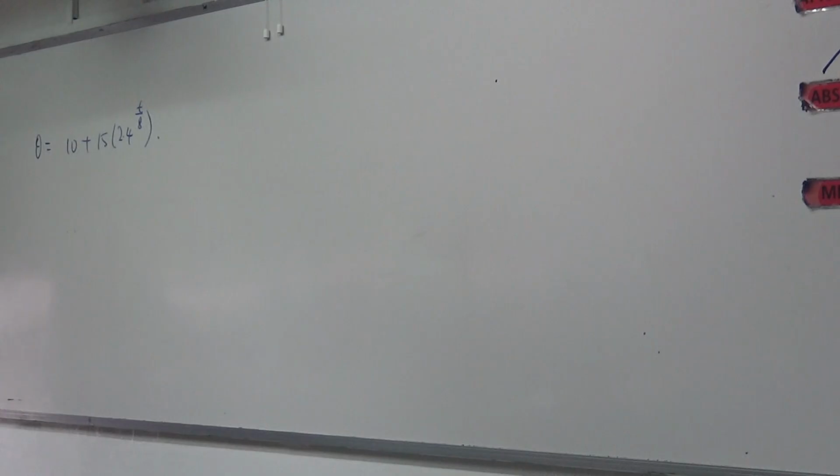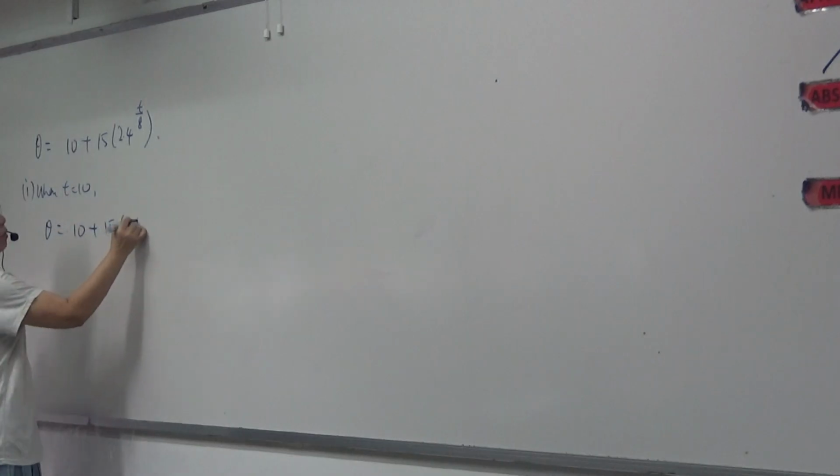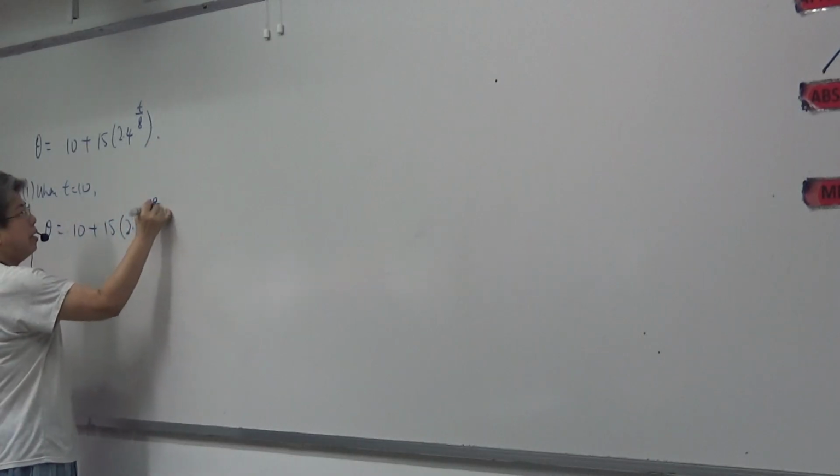Now let's take a look. Find the temperature 10 minutes after heating. Now, 10 minutes after heating is when t is 10, right? You agree with me? So theta will be 10 plus 50 times 2.4 to the power of 10 over 8.